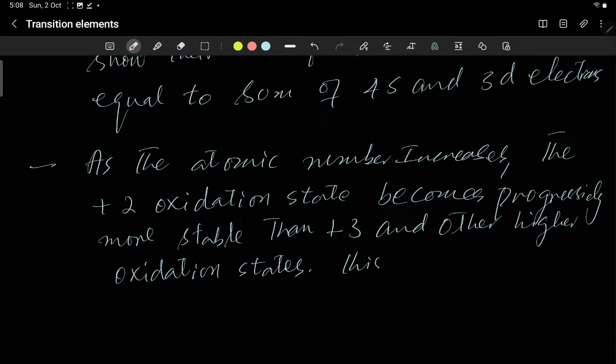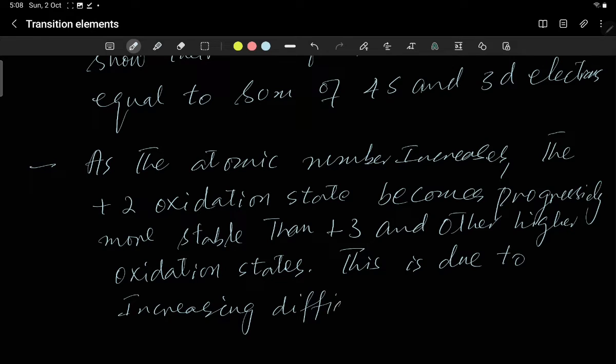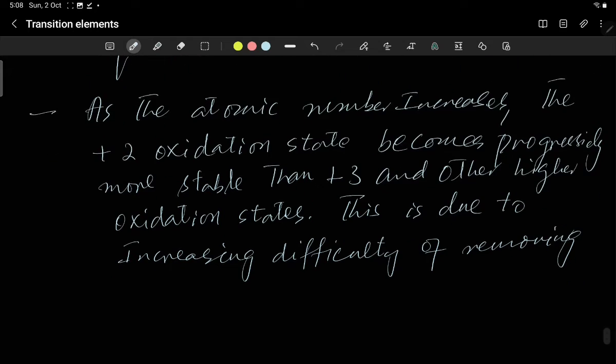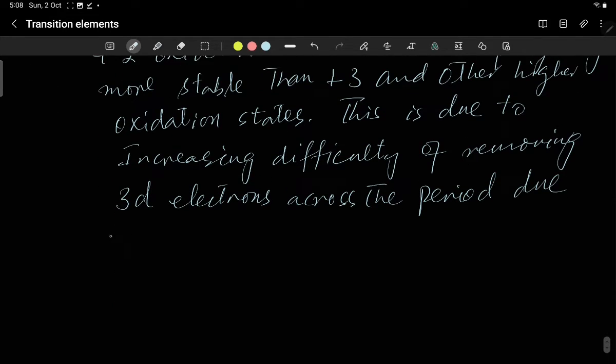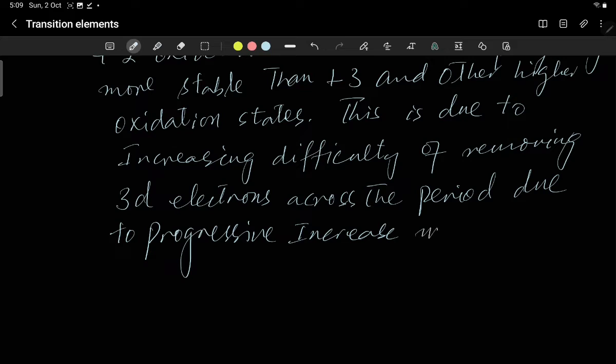This is due to increasing difficulty of removing 3d electrons across the period, due to progressive increase in ionization energy.